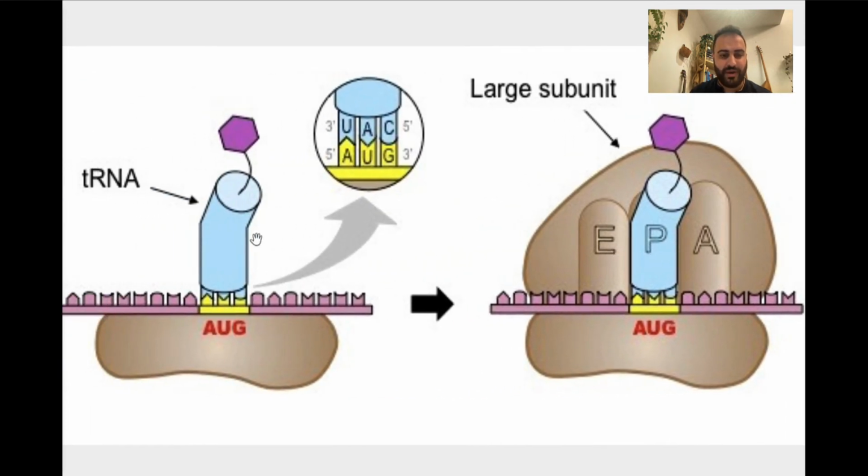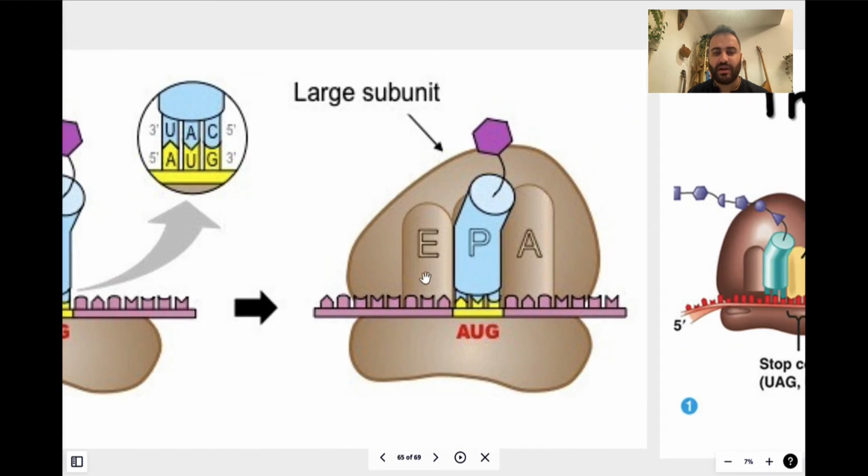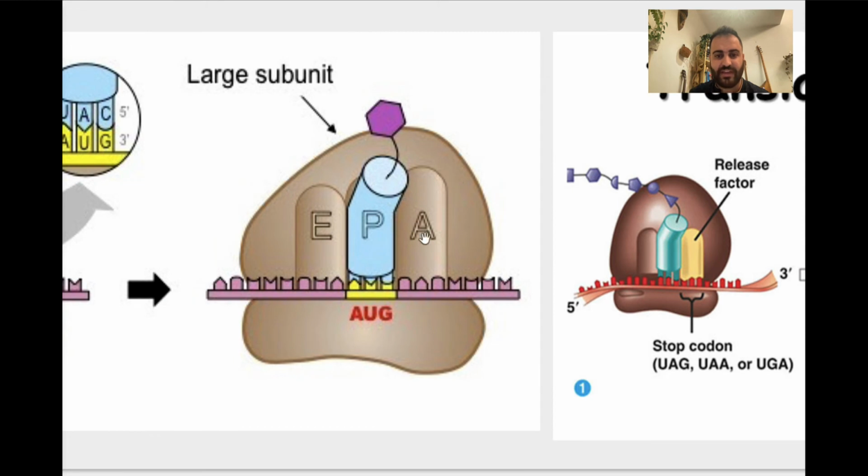After that, this is the elongation, or how it proceeds. So after the binding of the first anticodon and the first amino acid, then the ribosome will have its complete structure. The large subunit is going to bind, and the large subunit has three sites called E, P, and A. And remember, E always stands for exit site.